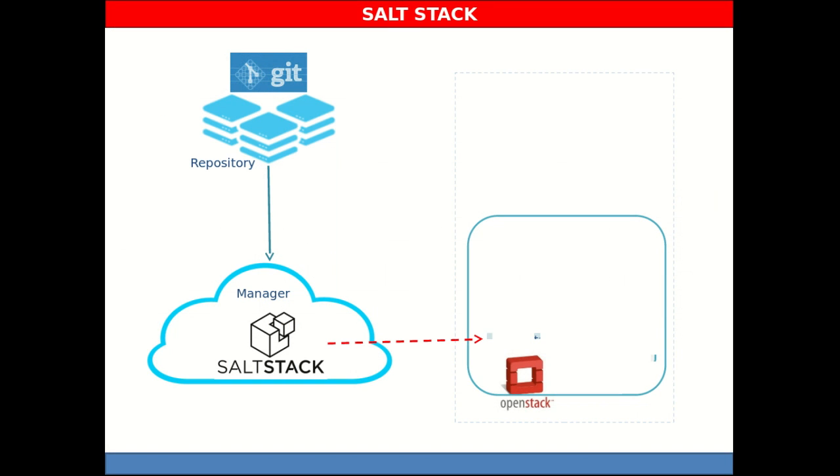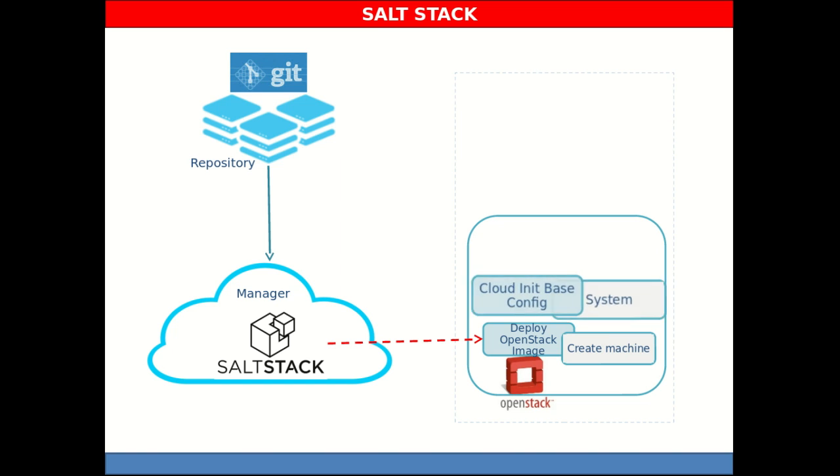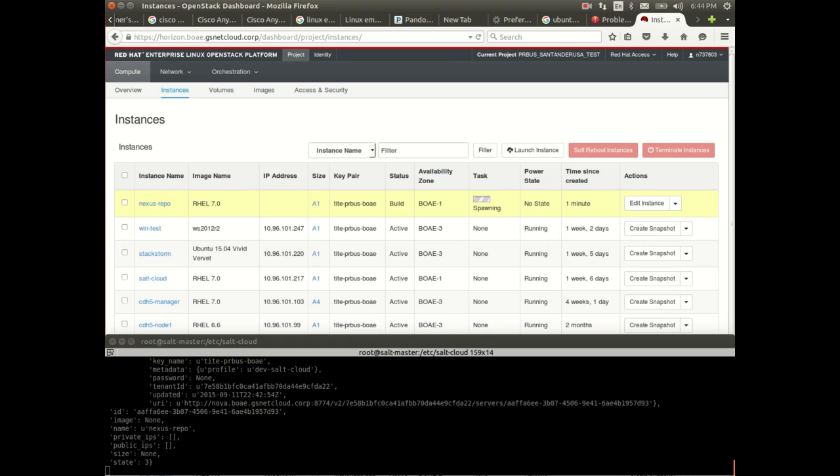Okay, now let's take a look at what's happening right now with a different view. So SaltStack has communicated with OpenStack requesting to deploy an image, to create a machine based on that image, and to bring it up, which is what we're just seeing. On top of that, the image has a component called cloud-init, which is able to configure the basic properties of the system.